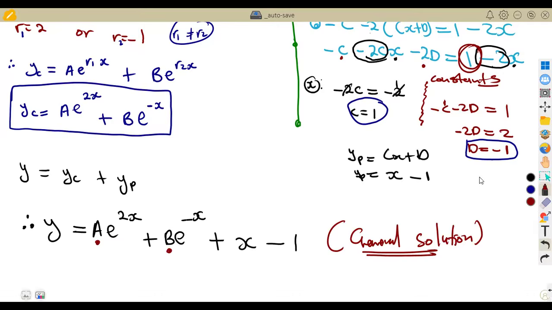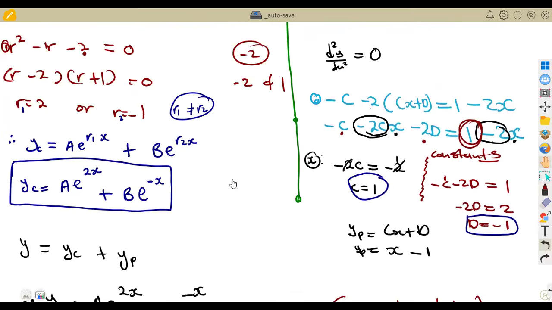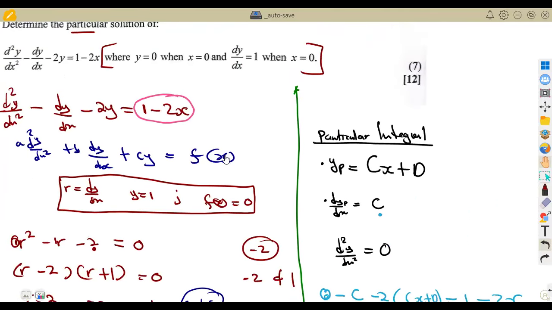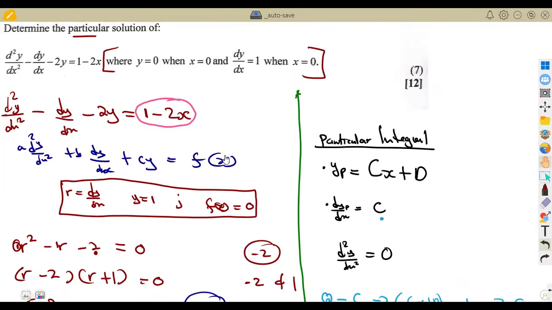So in order to have the particular solution, you must find the value of A and B. That's where we go back to the information given about this differential equation: y is equal to 0 when x is equal to 0, and also the derivative of y with respect to x is 1 when x is 0. So you have to use this information now.